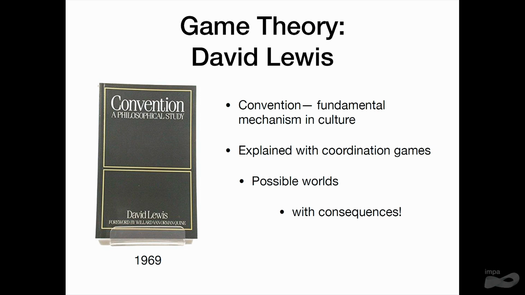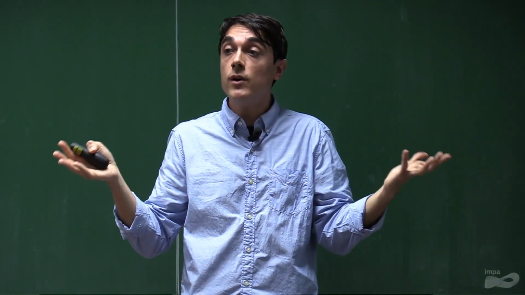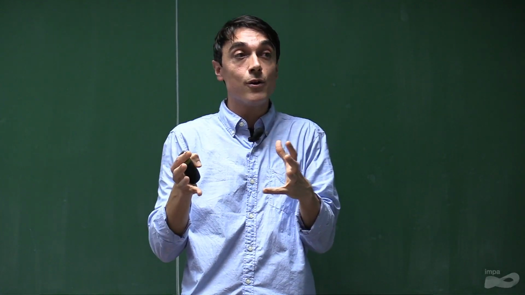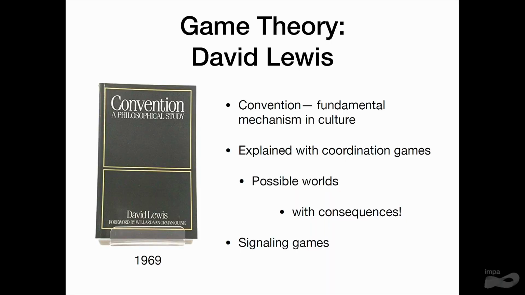So I choose one strategy, you choose another strategy. By choosing our strategies, we manifest a specific state of the world, and then we suffer or enjoy the consequences of that state of the world that we created. And he also talked about signaling games, very fascinating stuff. I can't get into it here, but it's basically coordination games with information sets, and it's cool stuff.